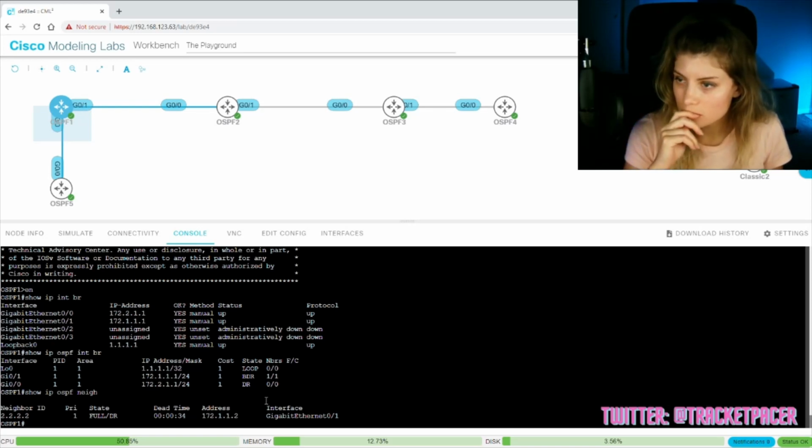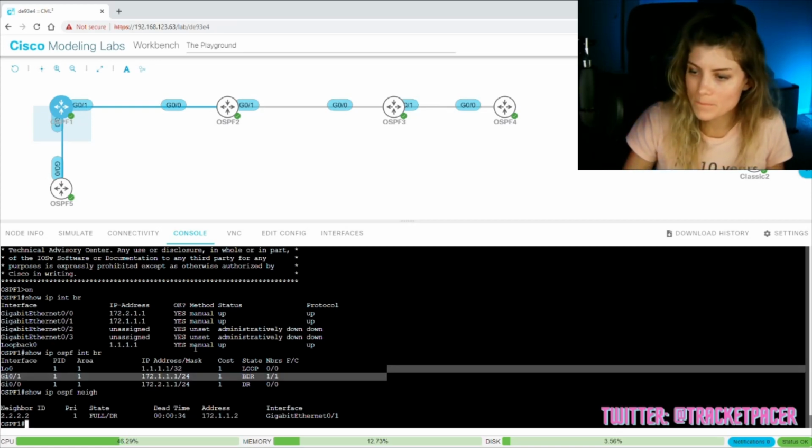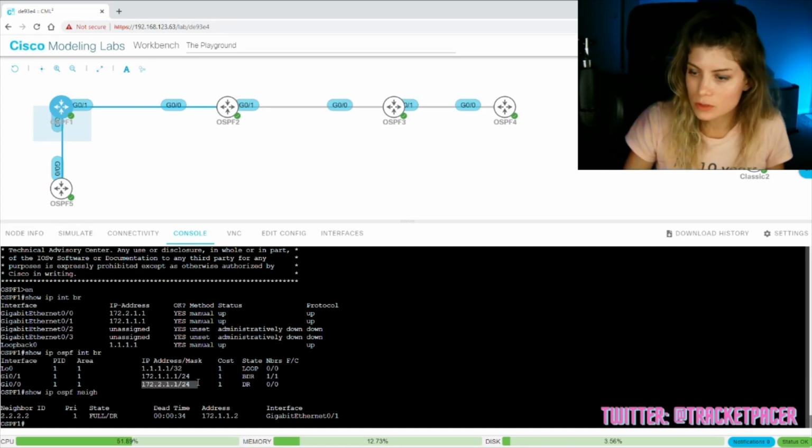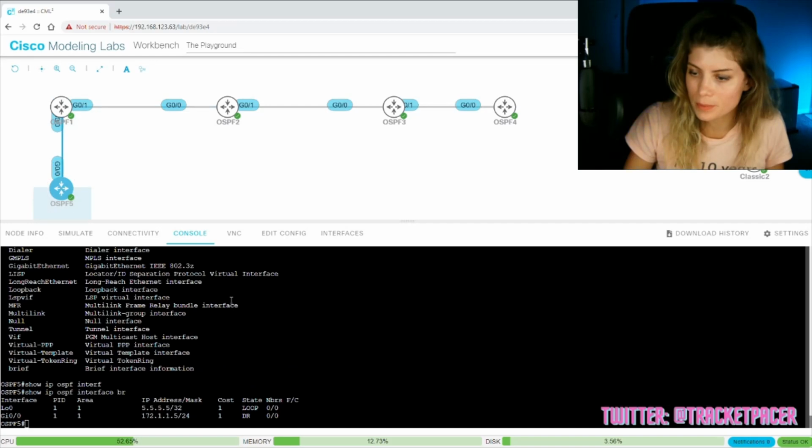Neighbors with 2, but not 5. Why are we not neighbors with 5? Connected to 5 over 0/0, 172.2.1.1. Feeling there's something very simple wrong here. That's the problem. We're not in the same subnet, and I'm an idiot.